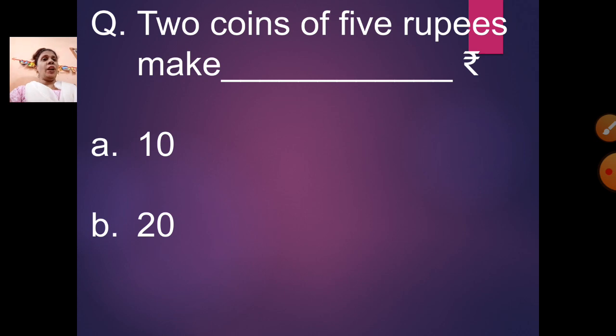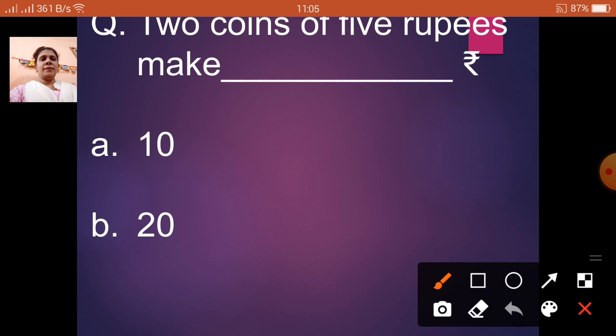Now if you are having two coins of 5 rupees, children, what amount will it make? 5 plus 5 will be? Yes, children, 5 plus 5 will be 10 or 20? 10. Correct. So two coins of 5 rupees will make 10 rupees.